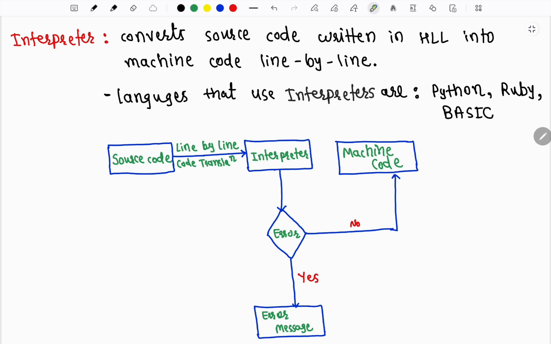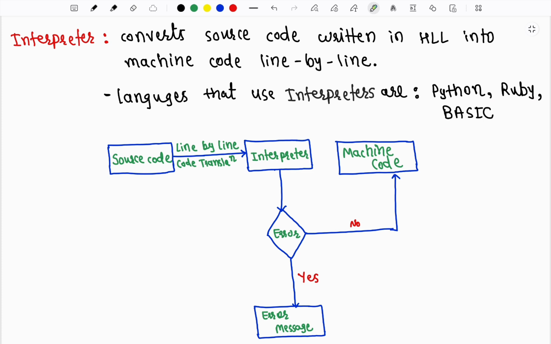Now let's discuss the second type of language translator, called an interpreter. An interpreter is a language translator that converts and executes a program line by line. It reads one statement, translates it, executes it, and then moves to the next statement. Languages such as Python, Ruby, and Basic commonly use interpreters.